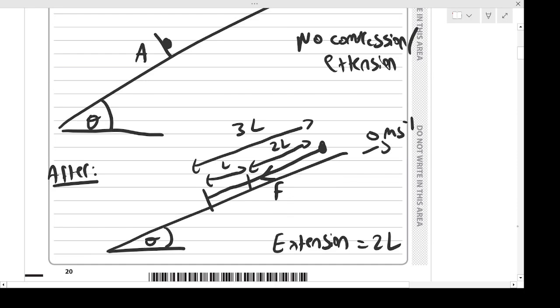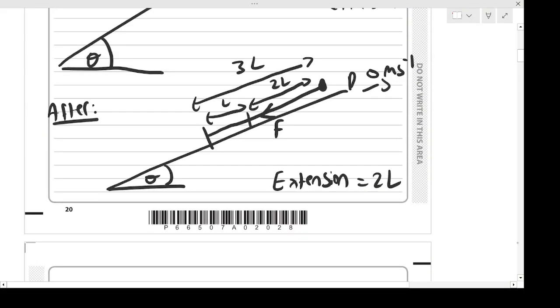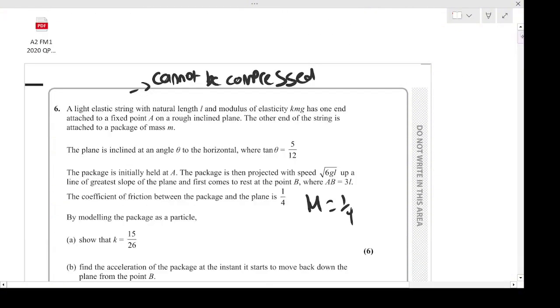I can do that if I do the weight components again. I can work out the friction here because I have my coefficient of friction mu, which is a quarter. So I can work out the reaction force and then do F equals mu R, right? If I split up the weight component, well, the weight is mg, since the mass is m.